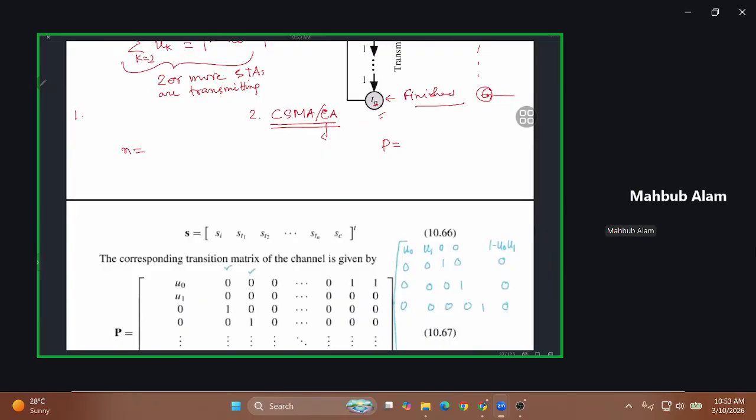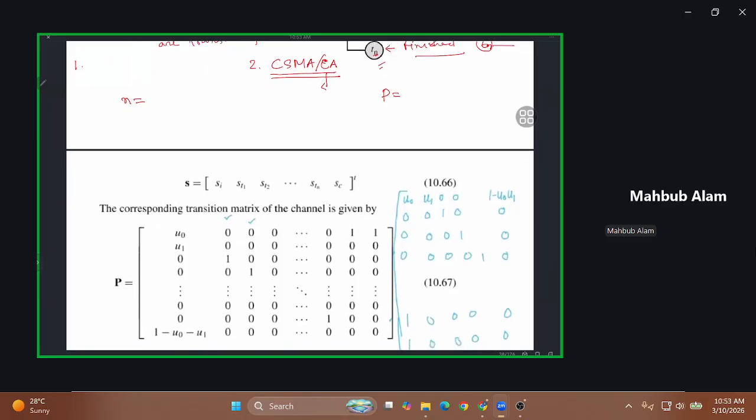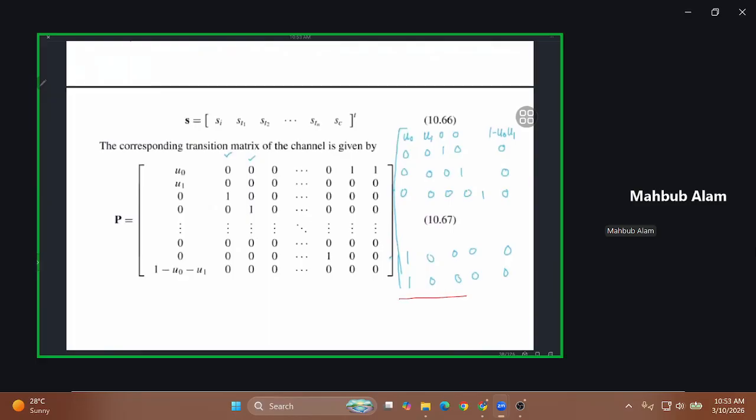If we have n equal to 3, then the transition probability matrix will be this one. As I mentioned in the last two classes, we will not be using this style of writing the transition probability matrix. Rather, we will be using the original one that we have been using for this course. And this one is the transpose of the matrix that we have.